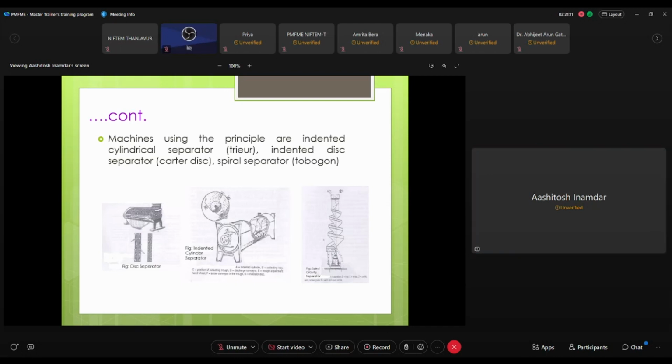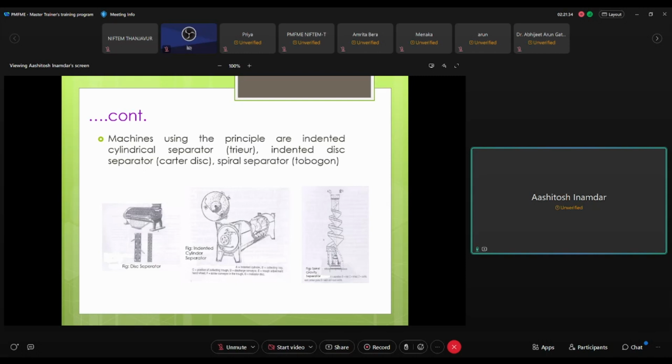The cylinder will have many indents throughout the surface, and this surface is capable of holding each and every grain, be it rice, oat, maize, whatever comes in. Every individual grain sits into an individual pocket.